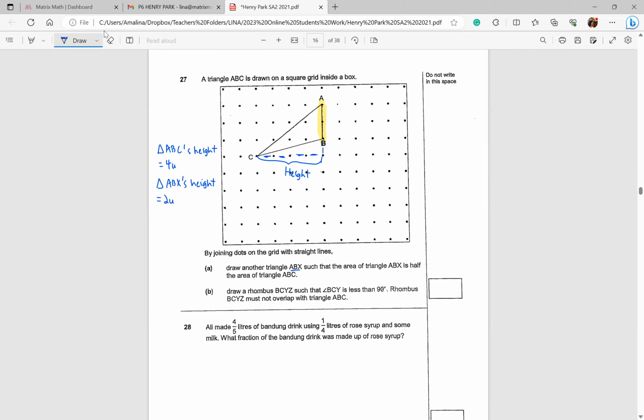Okay, so I will draw my triangle such that it's 2 units for the height. So if I count, I use this line as the height. This is 2 units, which means that my vertex must be drawn over here. Okay, then once I know X, I can draw in my line.